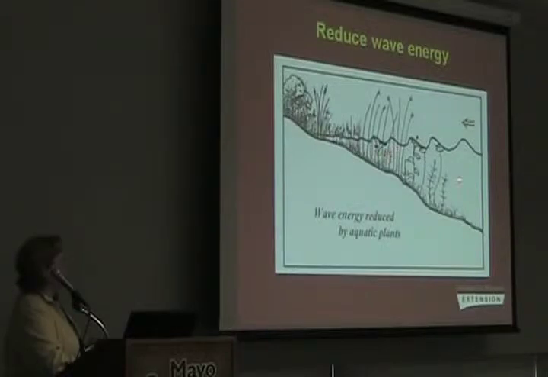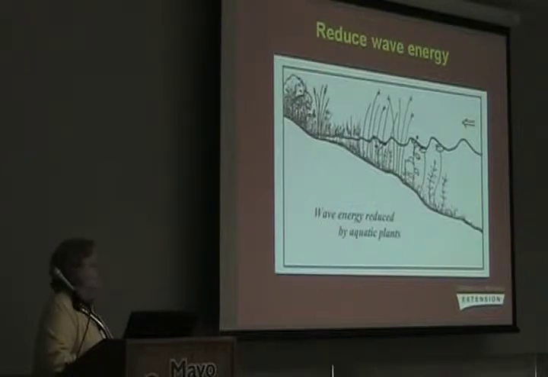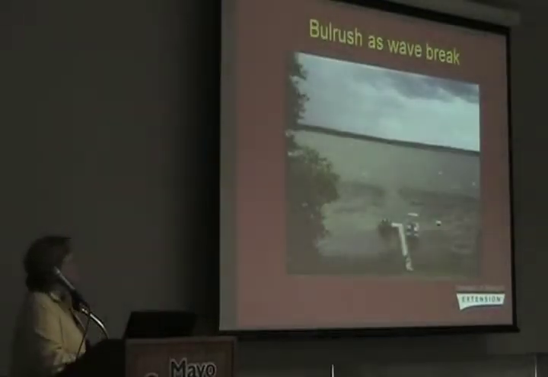So here you've got an example of some submergent plants, floating leaf plants, and emergent plants. And you can see how as these waves come towards the shore and are hitting the different types of plants, it just kind of knocks the energy out. And I know this is just a drawing, but as you can see in this slide, it happens in real life too.